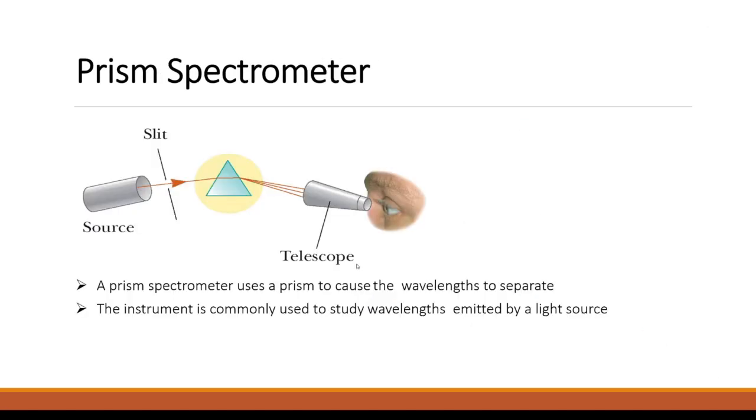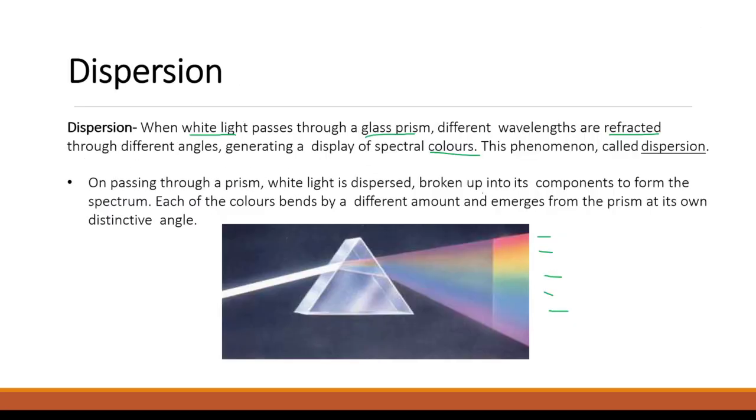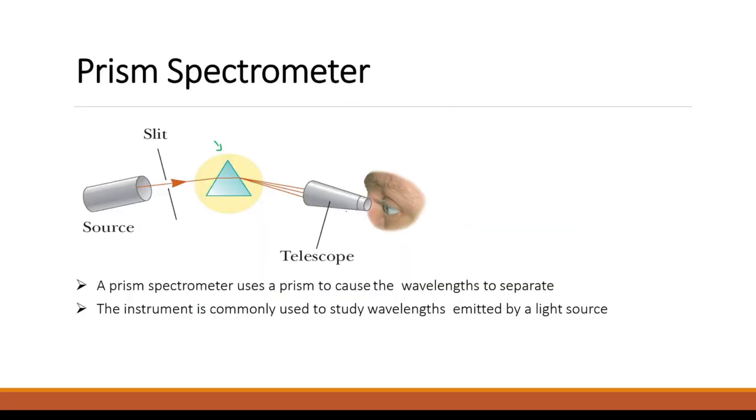To measure this type of stuff, we have something called a prism spectrometer, a device that uses a prism to cause the wavelengths to separate. You have the source come into its opening, and then you get this prism effect that splits the light, just like we saw the dispersion here, into the different colors, and then they can be viewed by the viewer through a telescope part of the device, so we can see the color separation.